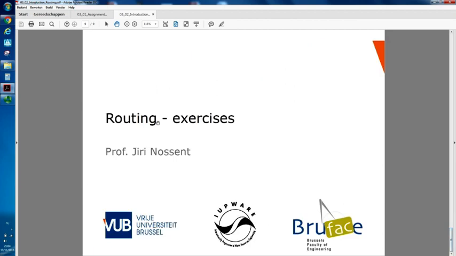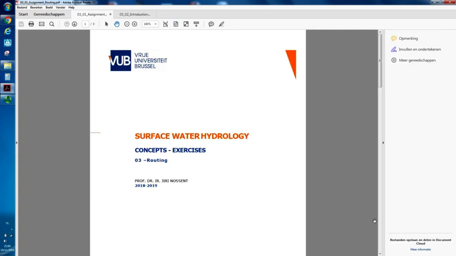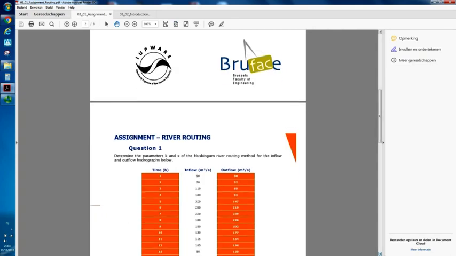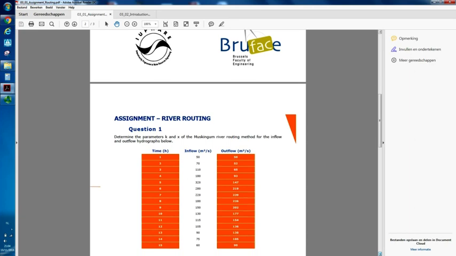Now, let's have a look at our assignment for today. The first part will be on river routing, and there it's asked to give or determine the parameters K and X of the Muskingum river routing based on the inflow and the outflow hydrographs that are given in this table.